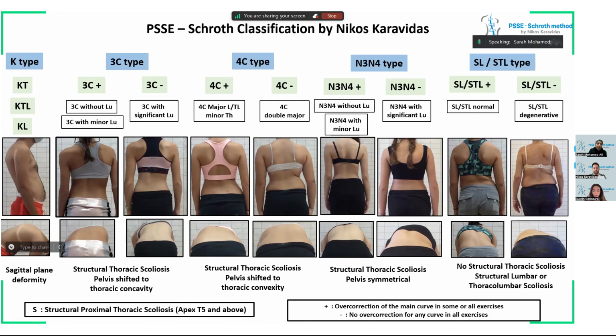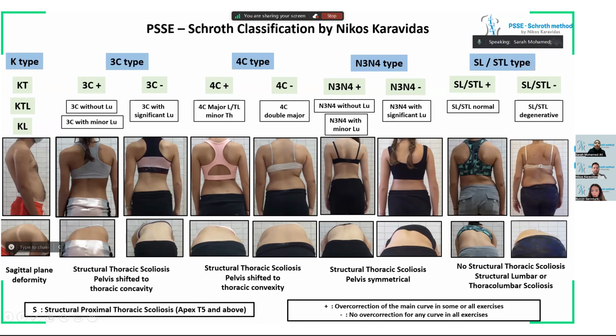So we have a right thoracic scoliosis confirmed by the forward bending test, and we did the X-ray and confirmed that there is a true thoracic scoliosis. The pelvis is shifted to the thoracic concavity, so we have a 3C type.